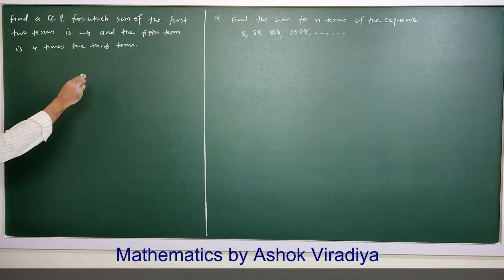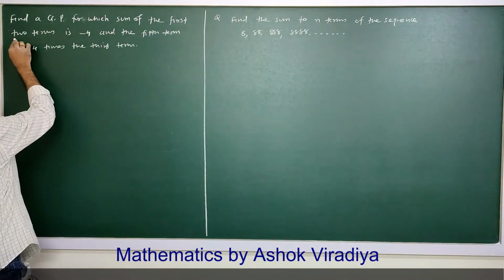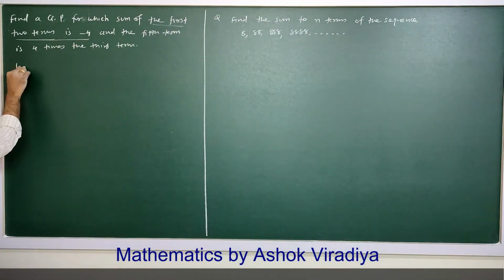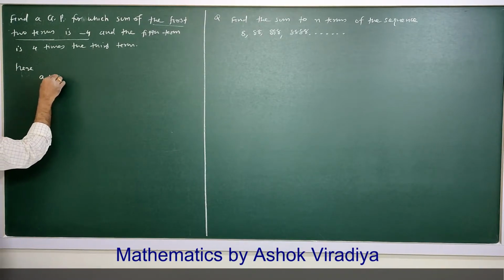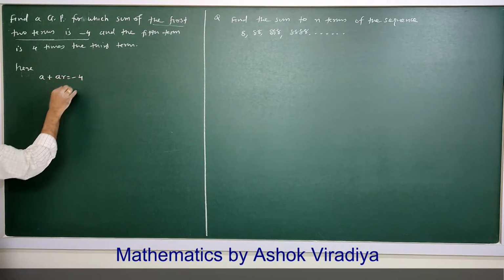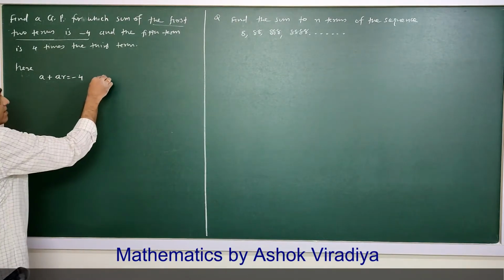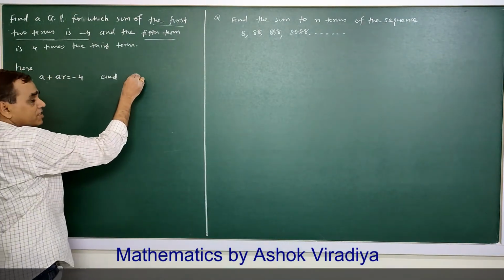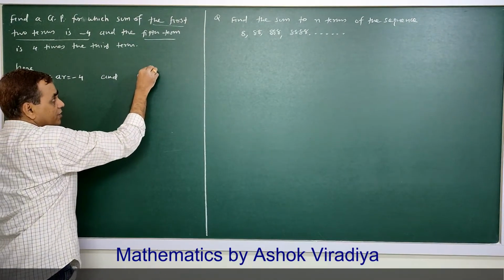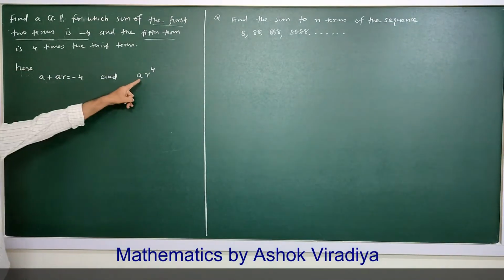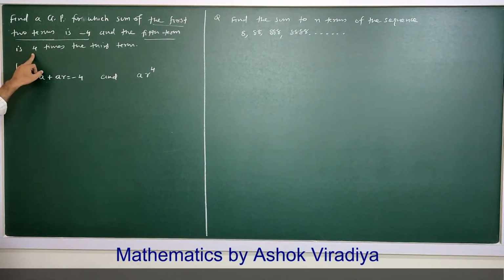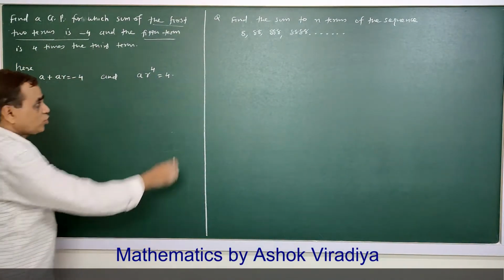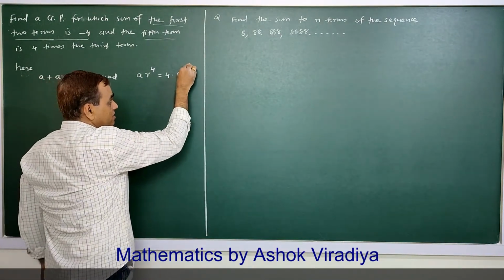Here, given that the sum of first two terms, A plus AR, is minus 4, and the fifth term, that is A into R raised to 4, is 4 times the third term. The third term is AR square.